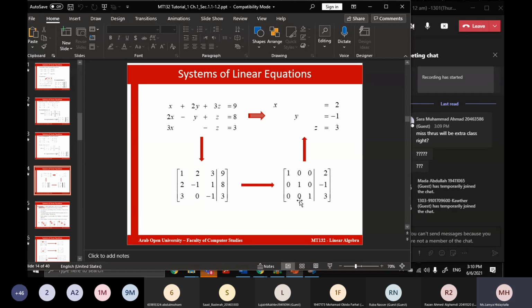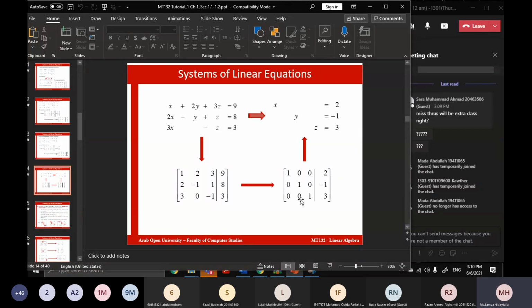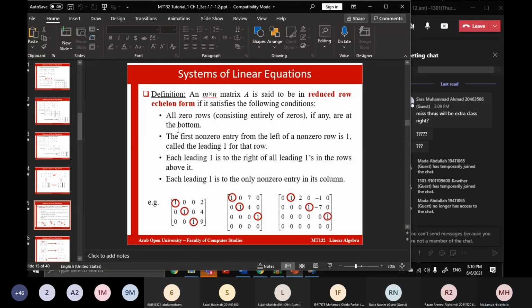And we knew how to distinguish the echelon form. How can I know whether this matrix is in echelon form or not? We had some conditions. If we have a zero row, then it should be at the bottom, like this.